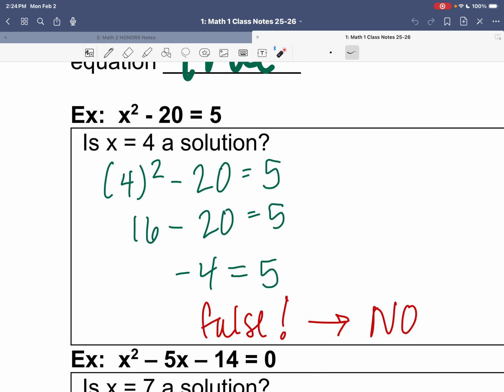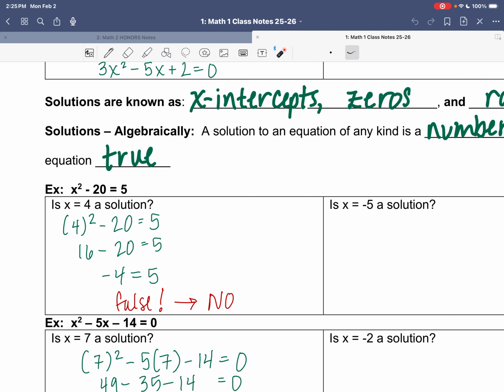So you're going to take wherever you see x, and we're substituting in 4. So x is right here, and remember, whenever you substitute in values, put it in parentheses. So 4 squared, which is 16, minus 20 equals 5. Well, -4 does not equal 5. So this is a false statement, so that means 4 cannot be a solution.